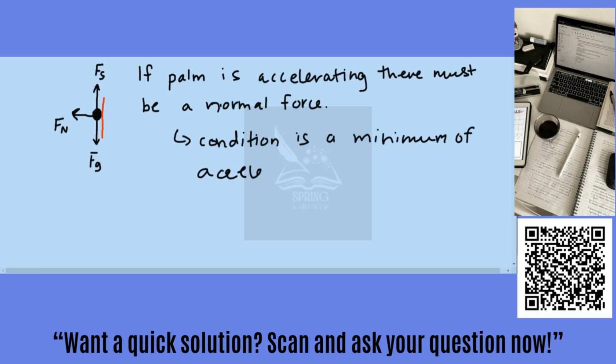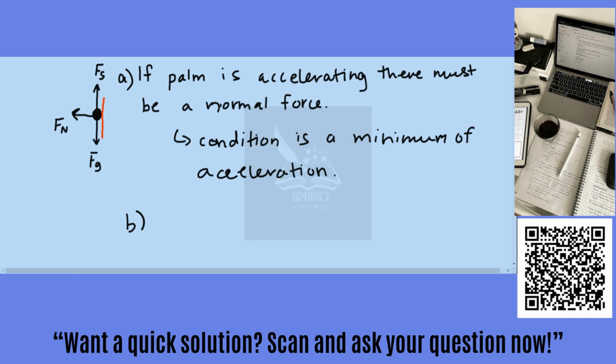And the reason that velocity doesn't really factor in here is even if you're moving your palm at a really high velocity, but there's no acceleration, then there doesn't need to be a net force in the left or right direction, and there doesn't need to be a normal force, and the object would fall off if the acceleration is 0, even if you're moving it at a high velocity. So this is the answer to part A.